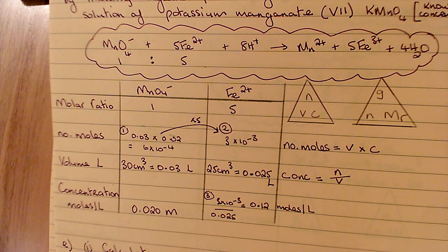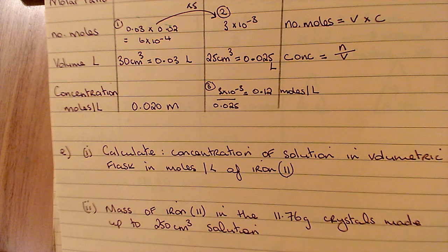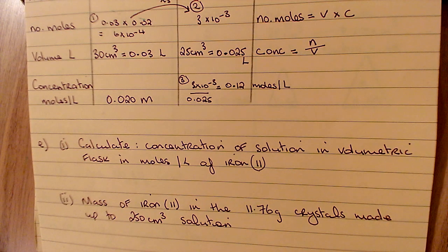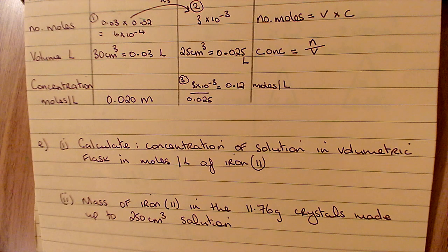Okay, so our table now that we've completed is going to help us with the next few parts of the question, okay? So we're asked to calculate the concentration of the solution in the volumetric flask, in moles per litre of iron 2, okay? So let's take a look at that.